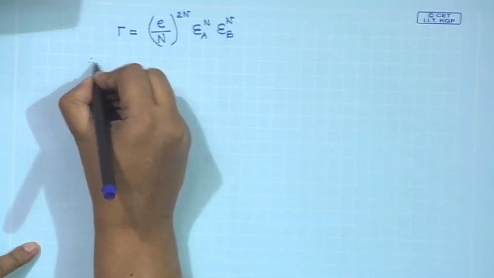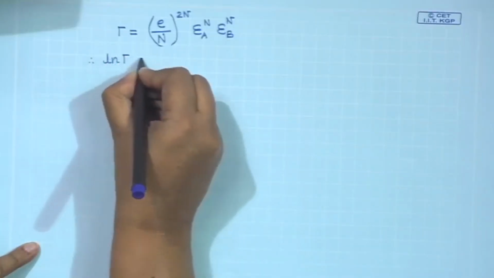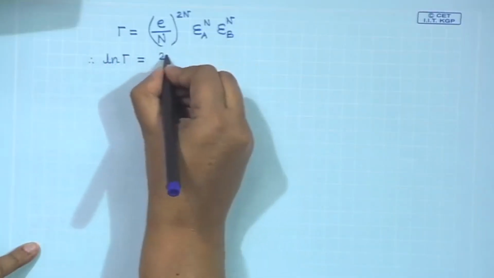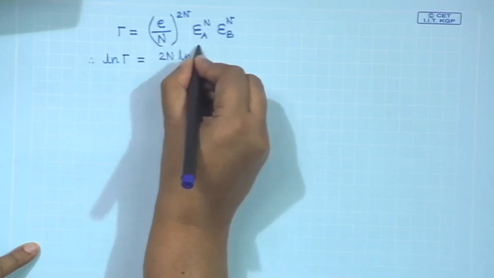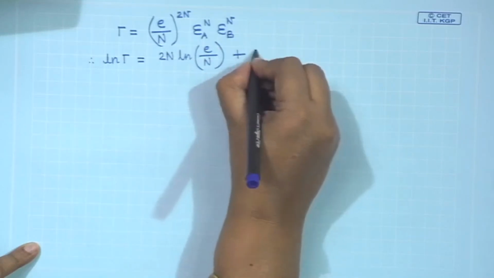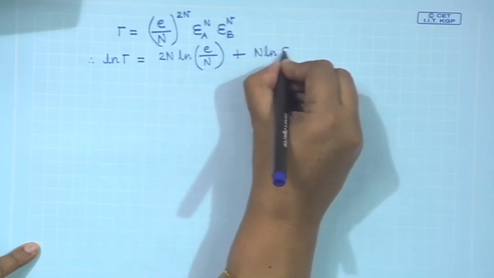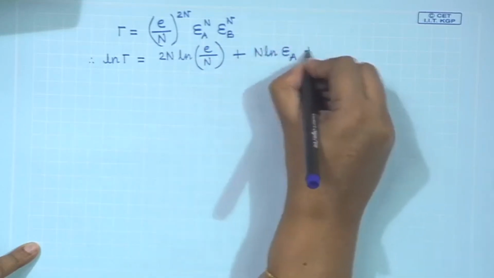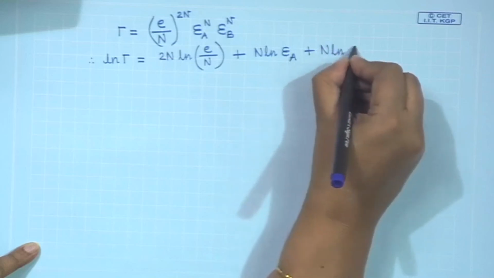Now, let me take a natural logarithm on both sides, and this leaves me with 2n ln(E by n) plus n ln epsilon A plus n ln epsilon B.